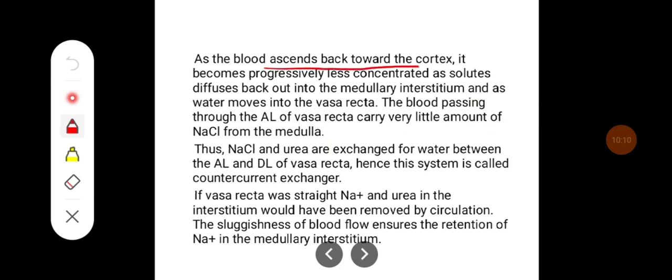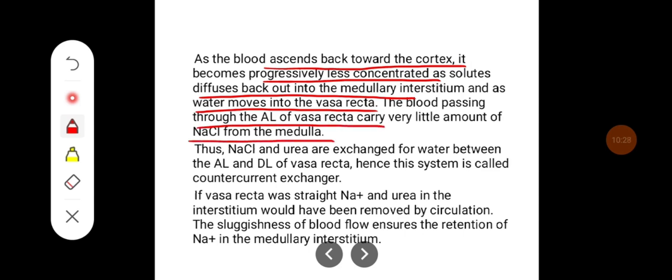As the blood ascends back towards the cortex, it becomes progressively less concentrated as solutes diffuse back into the medullary interstitium and water moves into the vasa recta. The blood passing through the ascending loop of the vasa recta carries very little sodium chloride from the medulla.